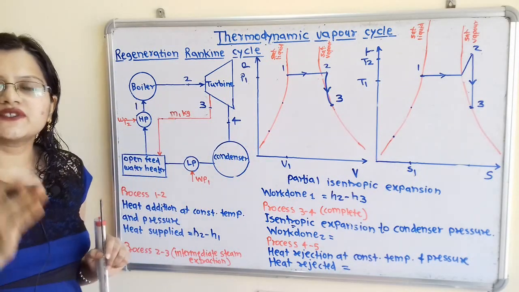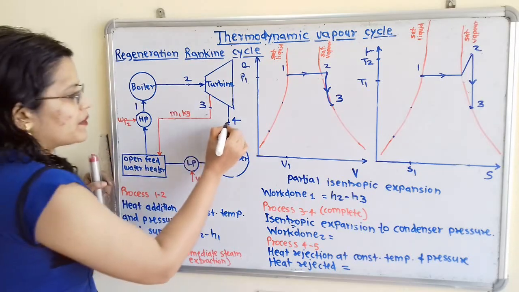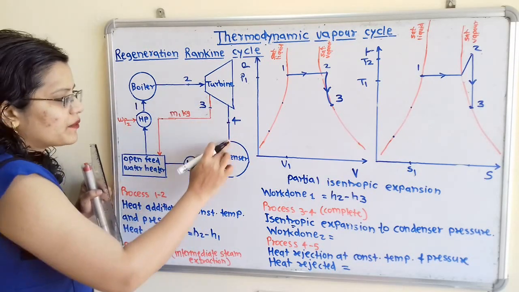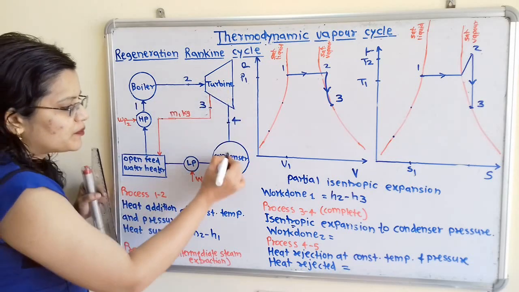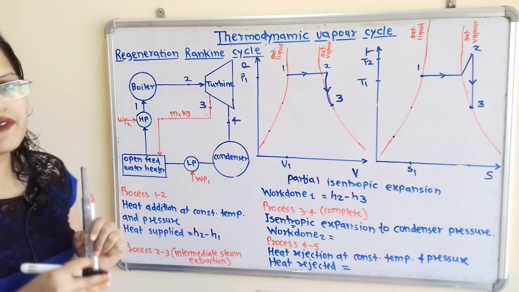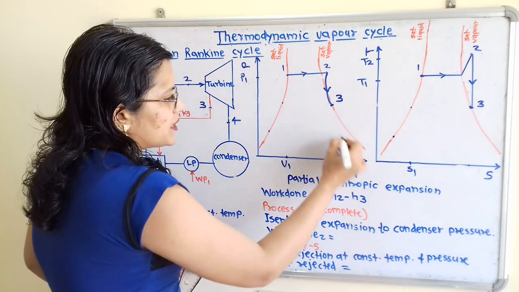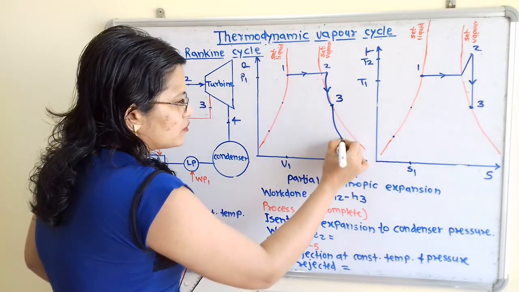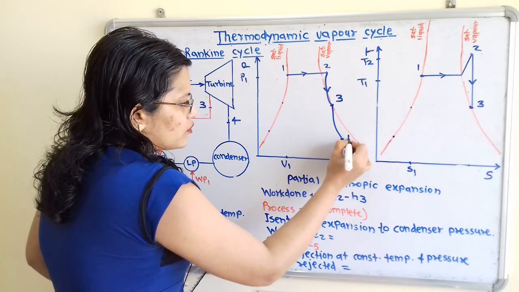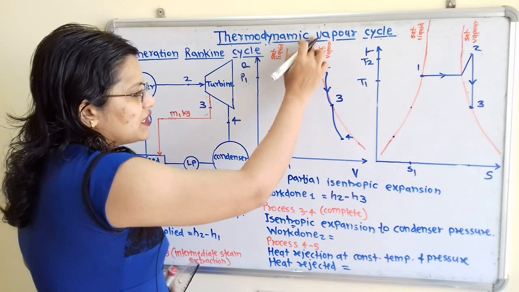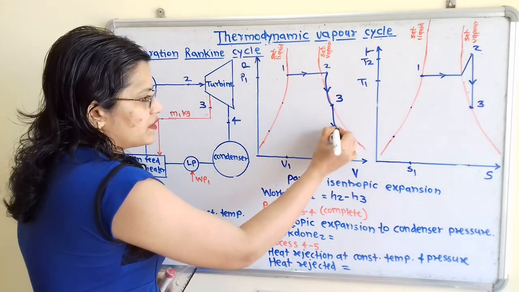So here it is wet steam. So remember at point 4 wet steam is there, that is because of this expansion up to this condenser pressure, steam will become wet. So we have to show here decrease in pressure, increase in volume. So I will show in this way, and I will show point 4. So this point 4 will be in between the saturated liquid line and saturated vapor line.